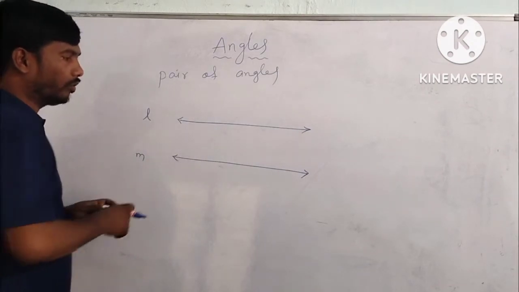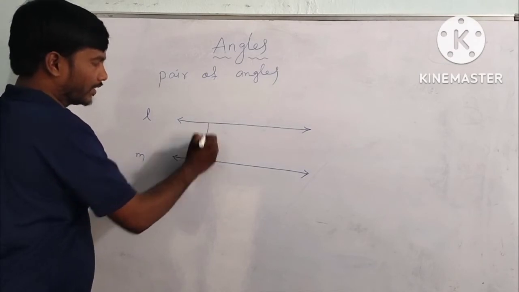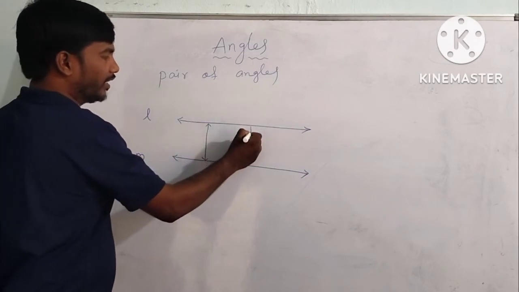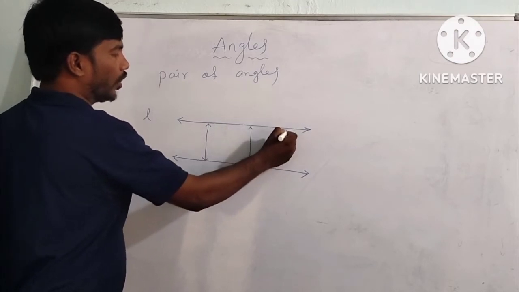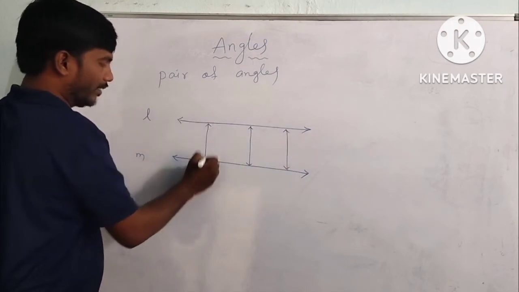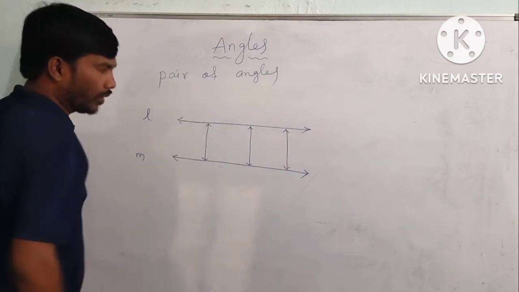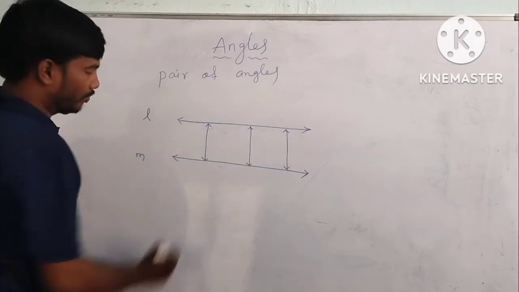Sir, how do you define that these two lines are parallel lines? If the distance between two lines is always the same at any point, then the two lines are said to be parallel lines.